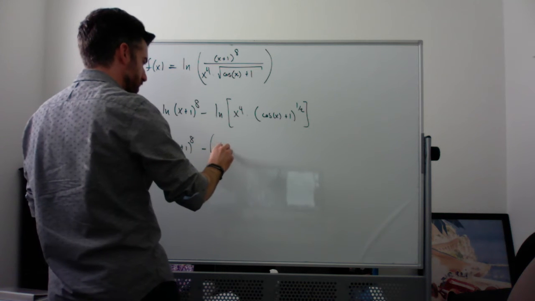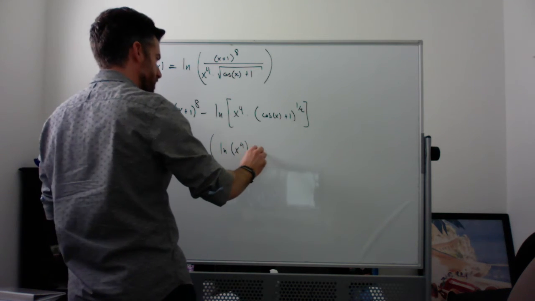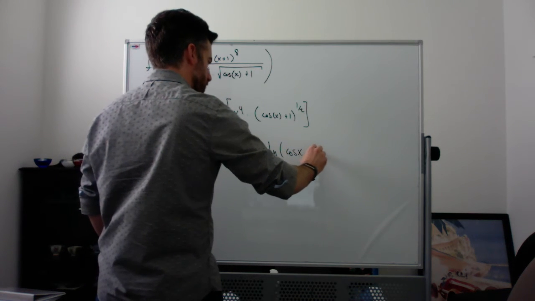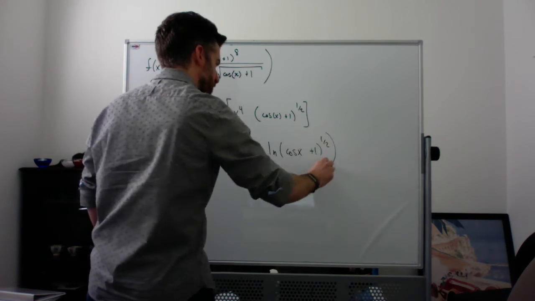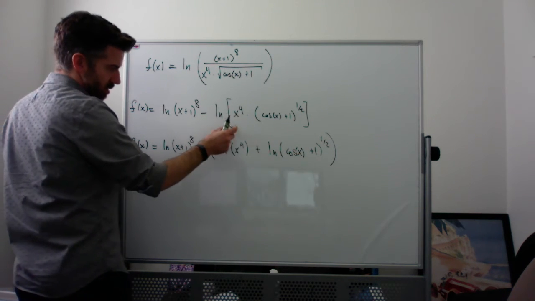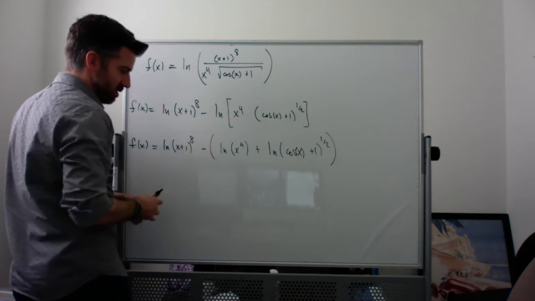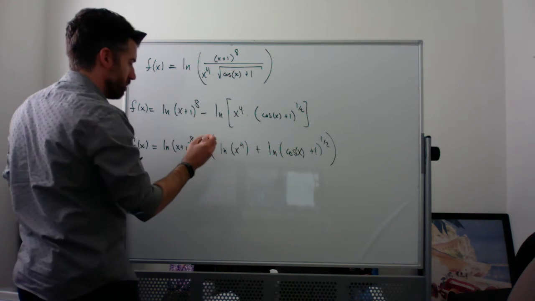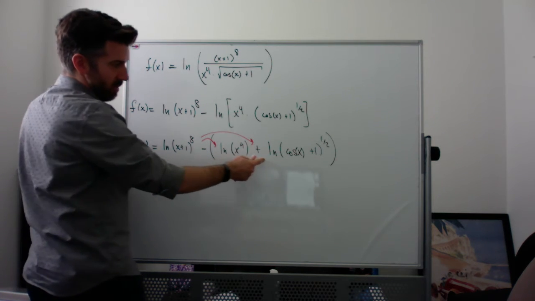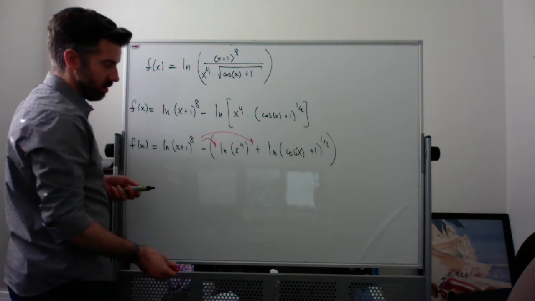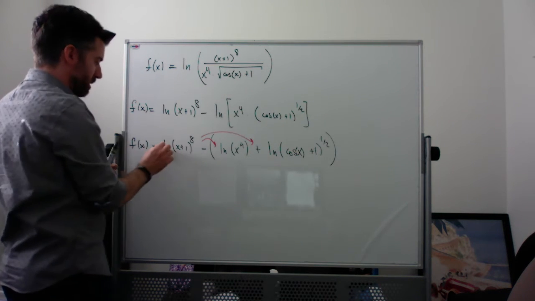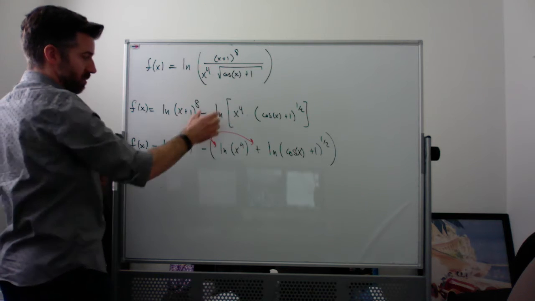Now, a few people missed this: when you have a minus of something plus something, the minus sign has to distribute to each of those terms. So you actually end up getting a minus natural log of cosine of x plus 1 to the 1/2. The way I always remember it is whatever's on top ends up positive, whatever's on the bottom ends up negative.